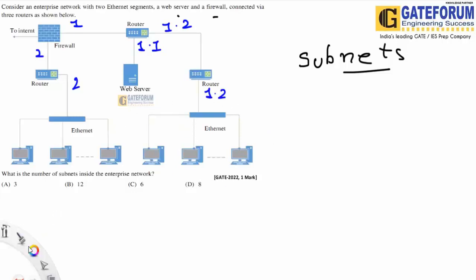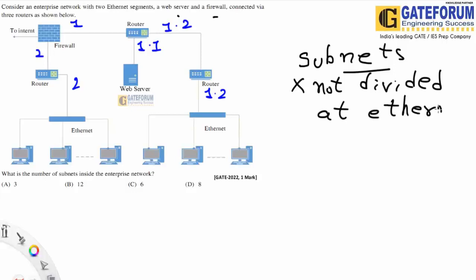So always remember that the subnets are not divided at the Ethernet. Basically, if you look here, we have 1.1 and 1.2 as two different subnets, and this is the 2, which makes 3 subnets. So in total, our answer would be 3 subnets in this particular enterprise.